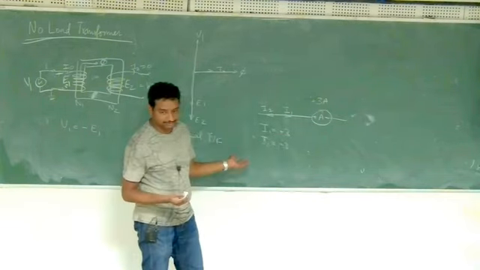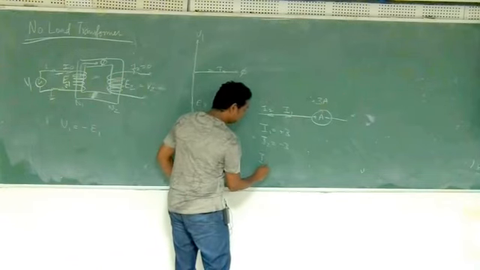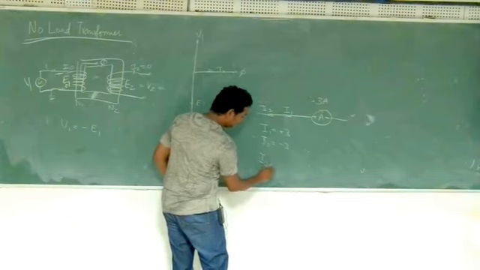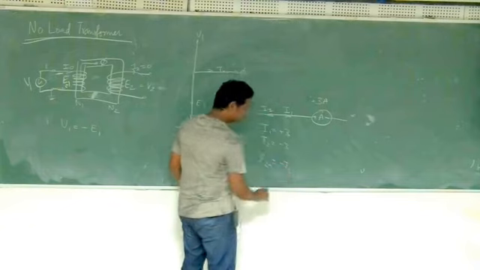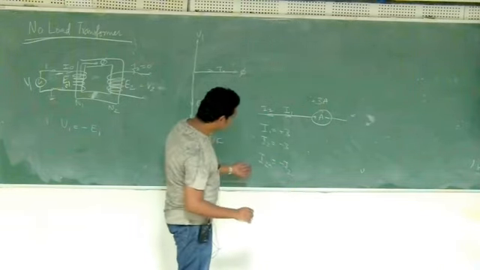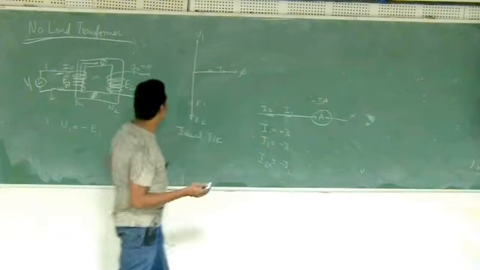So both of them are correct. But I can always define something like I2A, just a name, which is nothing but the reverse of I2. If I define it like that, then this I2A will be equal to I1.